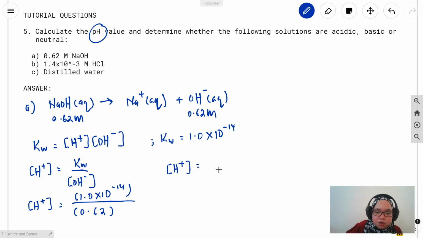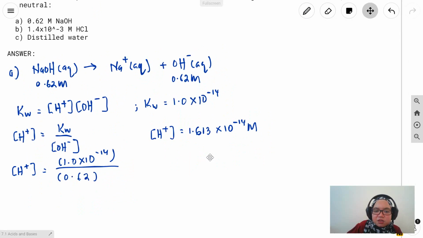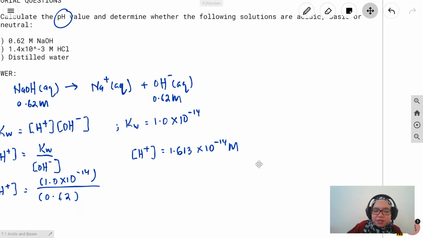Okay, and we will get the concentration of H plus ion is equals to 1.613 times 10 to the power of negative 14 molar. So we got the concentration of H plus. So now, can we use it to find the pH? Yes, because we have concentration of H plus, right?